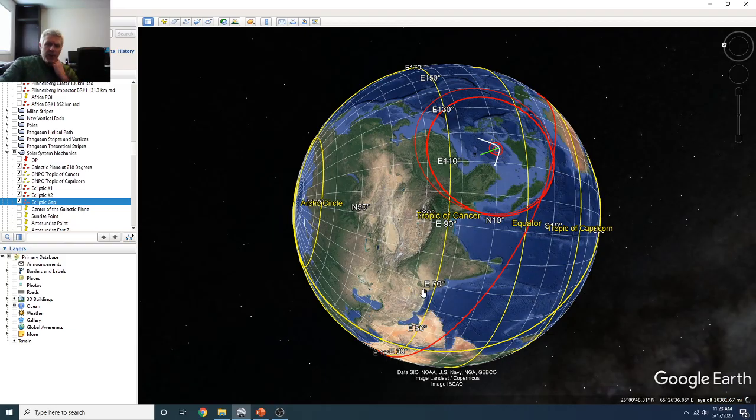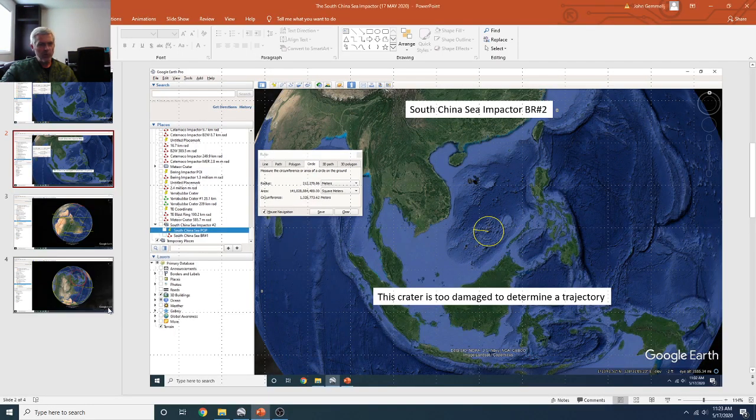But from this particular viewpoint, it's 3D-ish, but you can't get a trajectory on it, because you can't really draw three-dimensional lines on Google Earth. So it's hard to say where it came in at, but this isn't exactly how the planet was set in relation to the galaxy, and that's the one we get when we look at this slide right here.